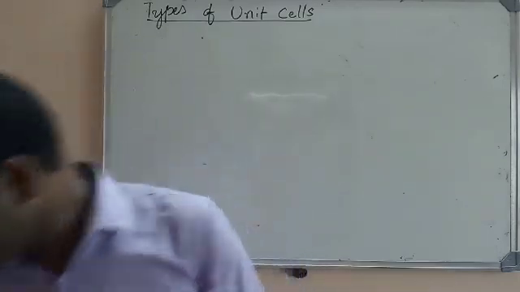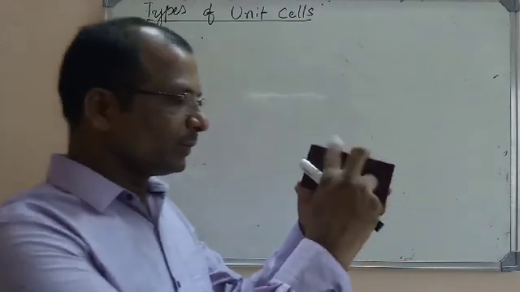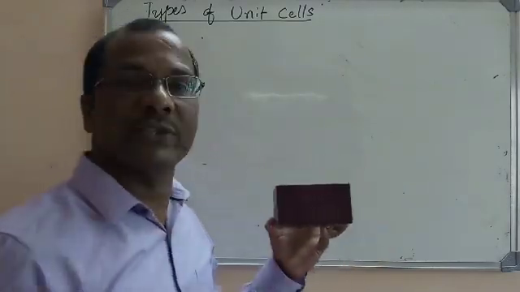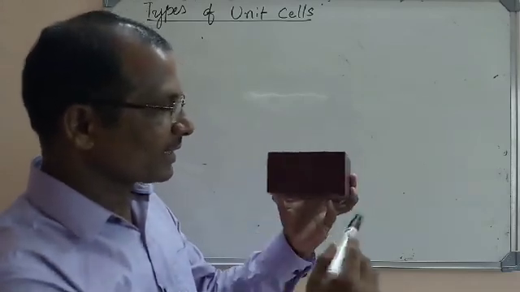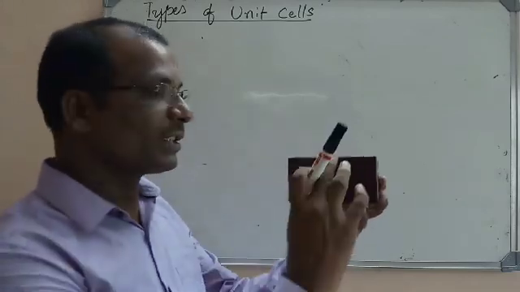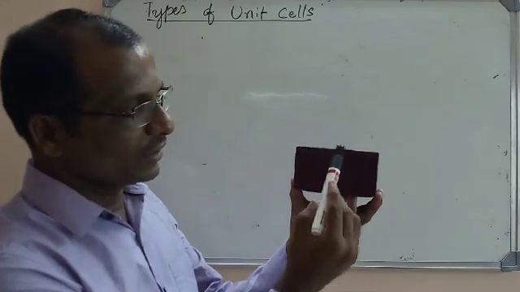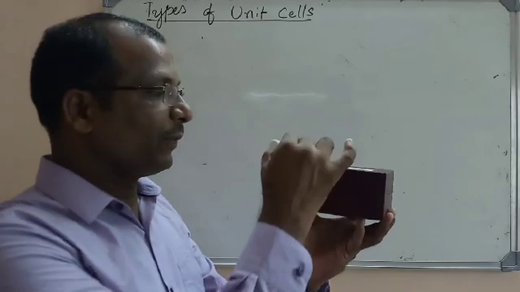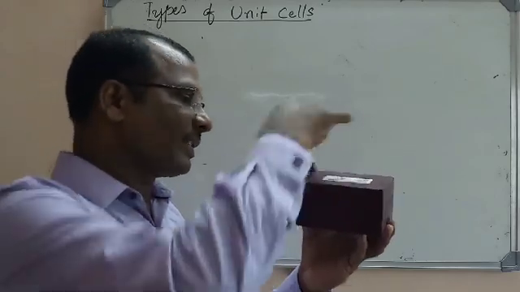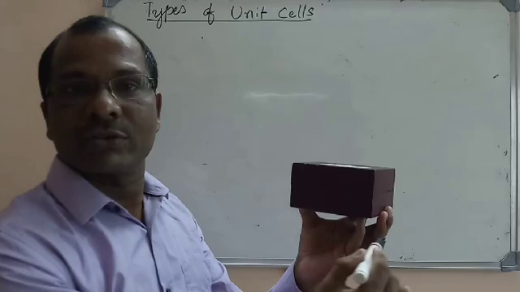For example, let us assume this to be a unit cell. There are edges: 1, 2, 3, 4, 5, 6, 7, 8, 9, 10, 11, 12 edges. You can count it. So this is one edge, 2, 3, 4 edges here, and 5, 6, 7, 8, 9, 10, 11, 12 edges are there.